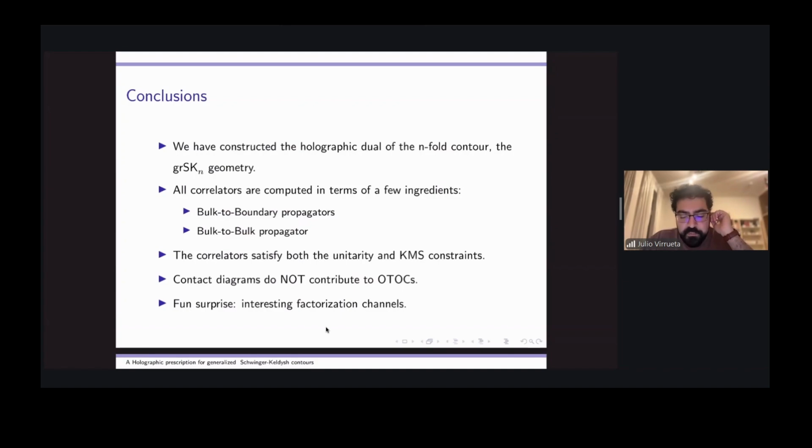I just want to mention a few conclusions and future directions. So we constructed this generalized gravitational Schwinger-Keldysh geometry. All the information about tree-level Witten diagrams is captured by bulk-to-boundary propagators and bulk-to-bulk propagators, whose structure is dictated directly from just unitarity and the KMS condition.